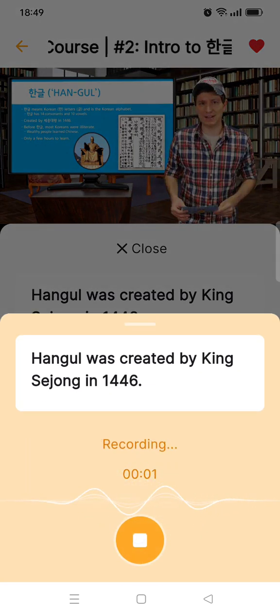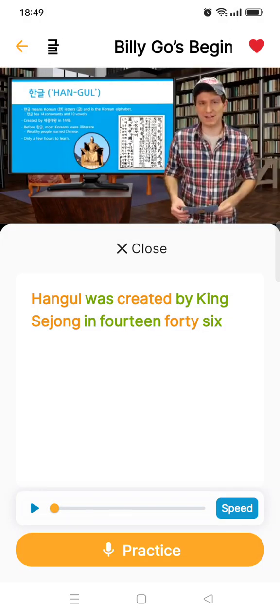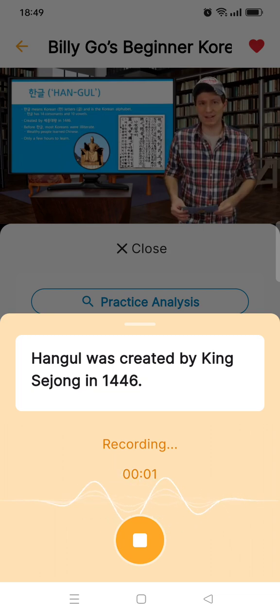Hangul was created by King Sejong in 1446.